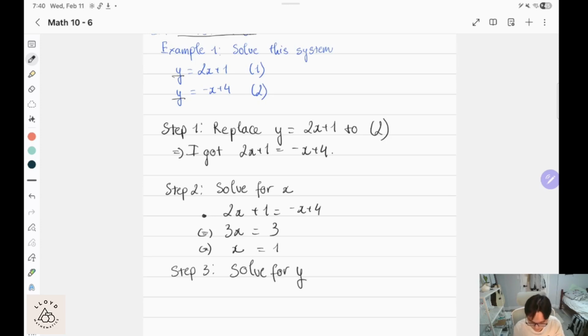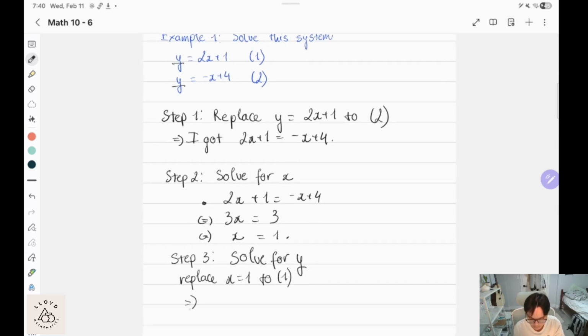We already have x equal to 1, so we can use this and substitute into either equation to calculate y. For example, I take the first equation and replace x with 1. So y is equal to 2 multiplied by 1 plus 1, which is equal to 3.